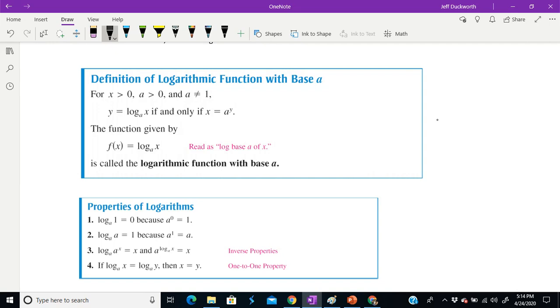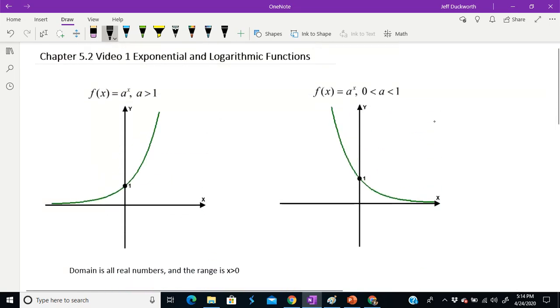We have some properties down here, but first let's draw the log function. We'll say log base a. Since it's an inverse function, this one goes through the point 0, 1, so this one will go through the point 1, 0, and it'll look something along these lines here.